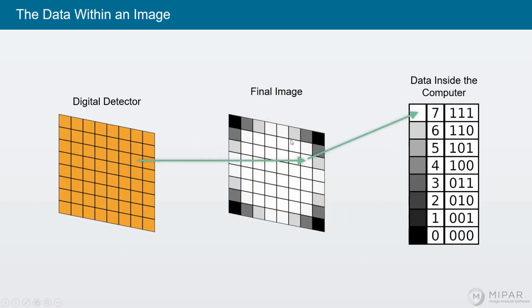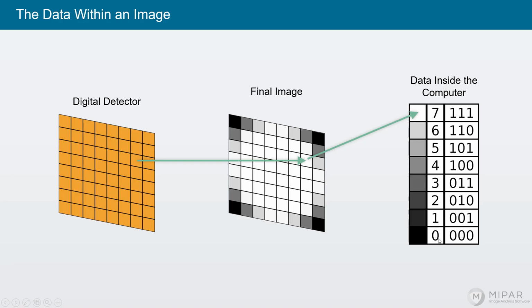So your computer actually stores these values as numbers. In this case, pure white is the number 7 and pure black is the number 0. The computer itself can only deal in zeros and ones. A digital computer deals with binary numbers.